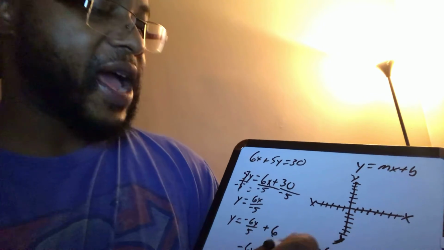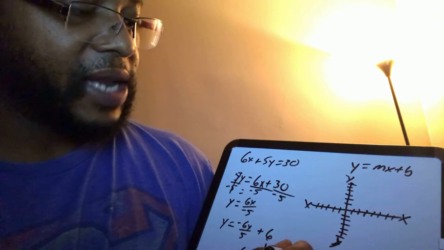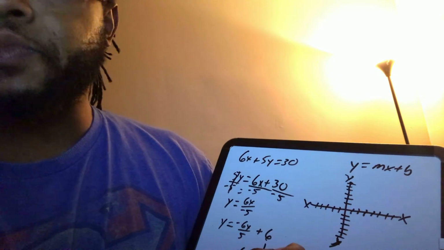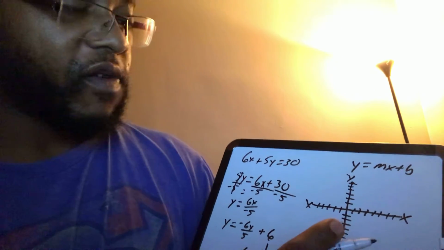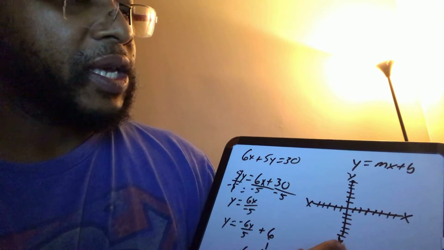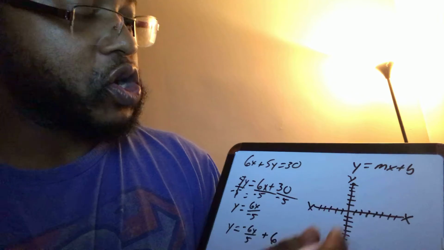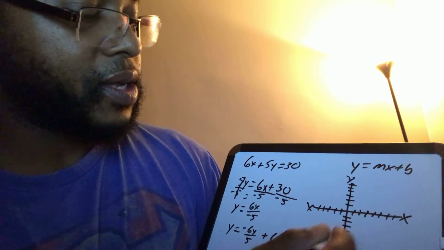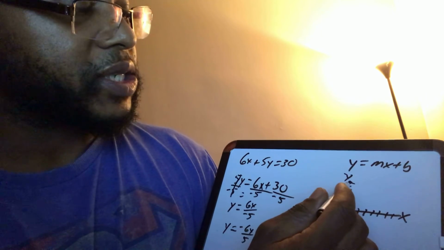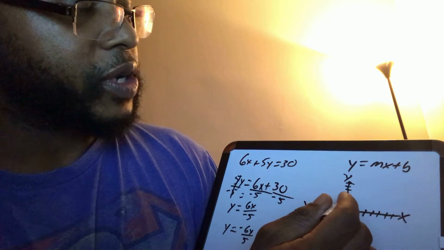Now we need to find our slope. And again, our slope in this case is negative 6x over 5. So rise over run, we want to go down 6 spaces.